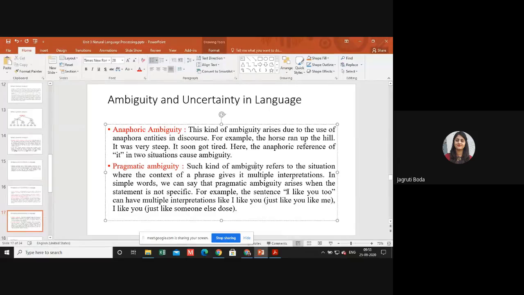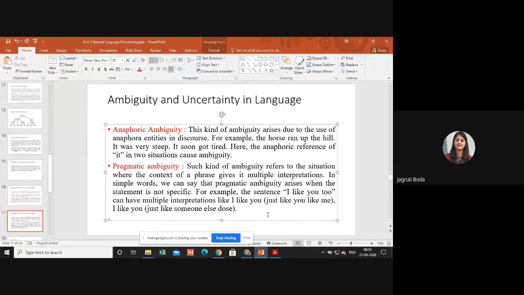Okay. So this sentence is incomplete. So this raises a pragmatic ambiguity because we do not understand the next meaning of this sentence. So this is your pragmatic ambiguity.